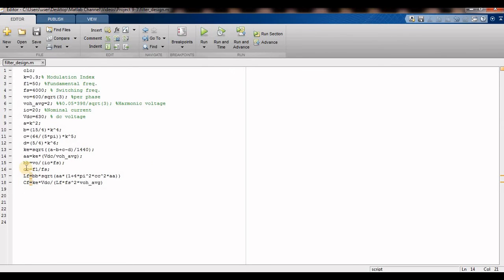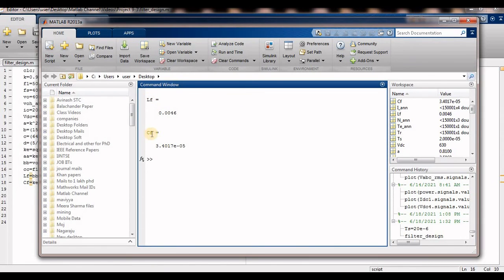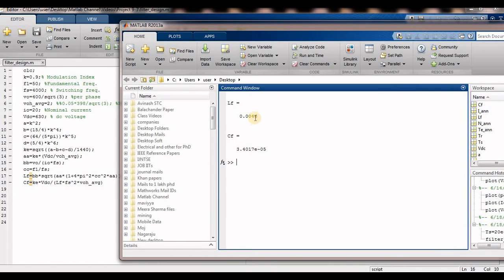See, then this is my CF, and the CC is also one of the constants, and this is my inductor and this is my capacitor value. So by running this program, I can get the values of L and C. See, this is my value of LF, this is my value of CF. 4.6 millihenries is sufficient for these calculations, and 34 microfarads is for the capacitor.